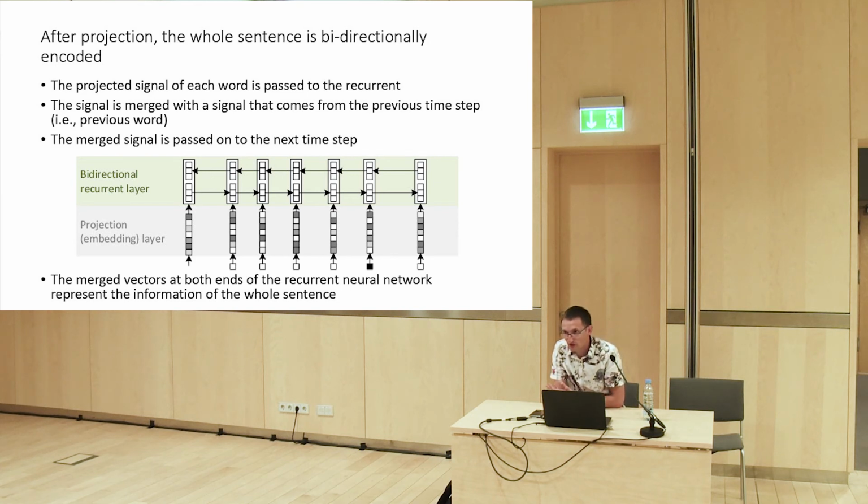The next time step after the first time step is the second time step, when the second word is passed to the neural network. So we pass the second word's embedding to the recurrent layer, which receives the input signal from the previous word, accumulates it, decides whether to pass the signal on and how strong the signal should be, and does so for all words that are in the sentence.